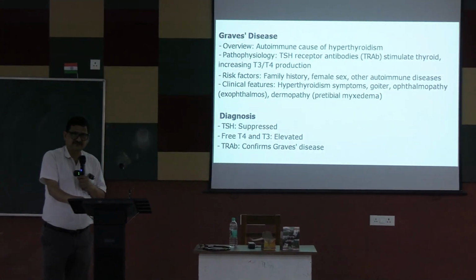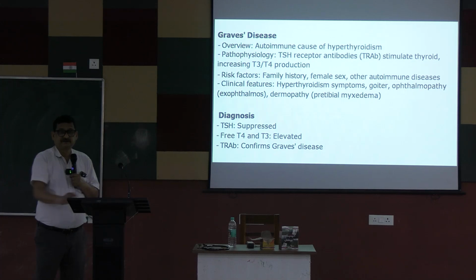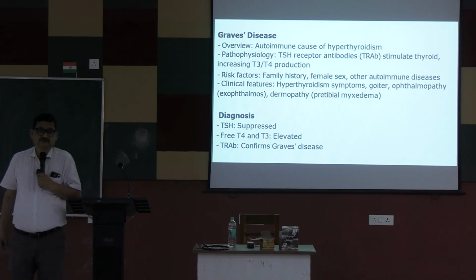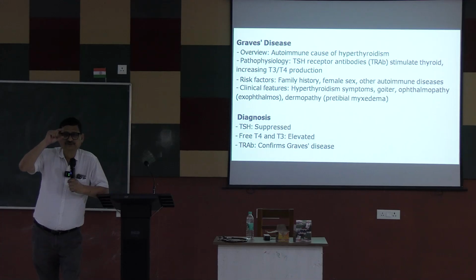How do you clinically determine a patient is having exophthalmos? When you can see both conjunctiva above and below the pupil, then you can suspect the patient is having some proptosis or exophthalmos.